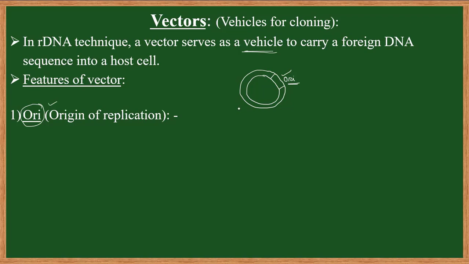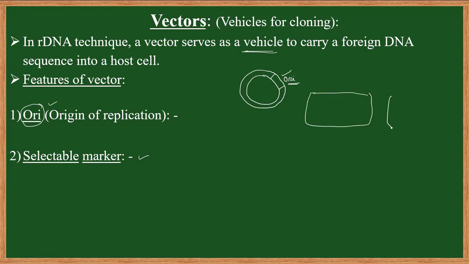The first character is ORI. The second character is the selectable marker. What is the role of the selectable marker? Suppose we have two types of cell, first and second. One has the vector, meaning vector plus gene of interest, and this one is not transformed.